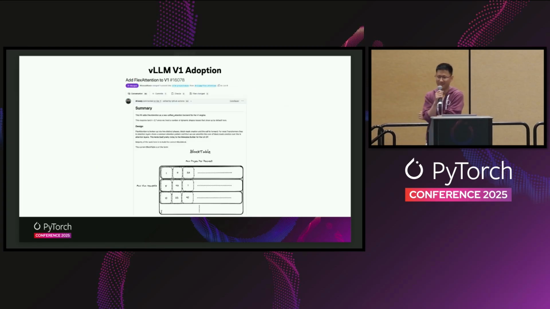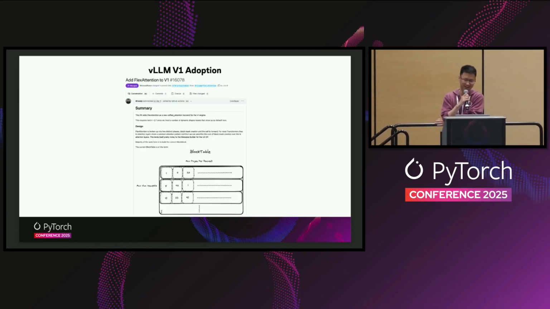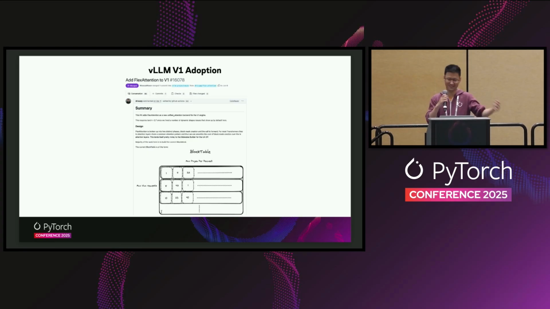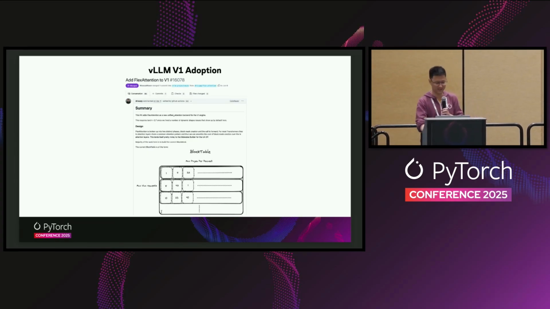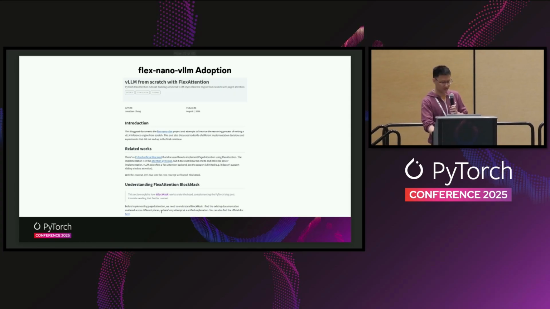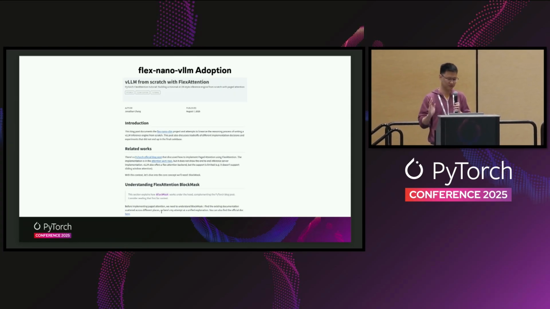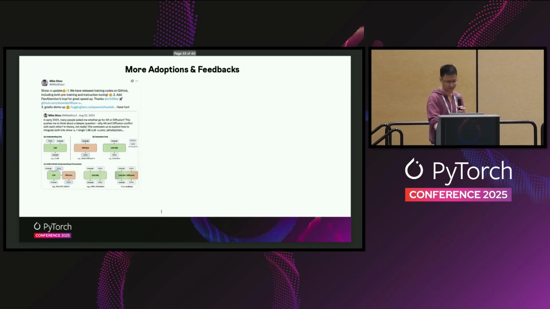So more story on the adoption side. Driss has enabled flex attention, page attention for the vLLM v1, which is great. Some OSS user, Jonathan Chang, has a Flex Nano vLLM adoption, using flex attention to build a small inference engine for the LLM.